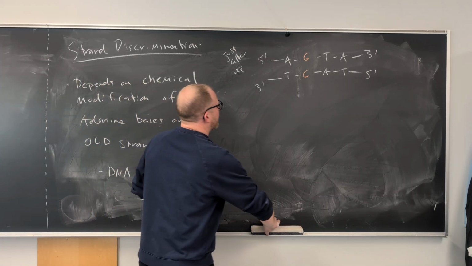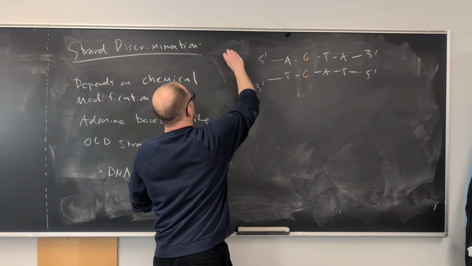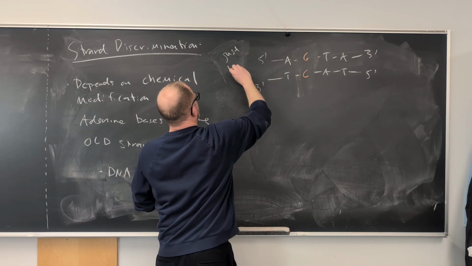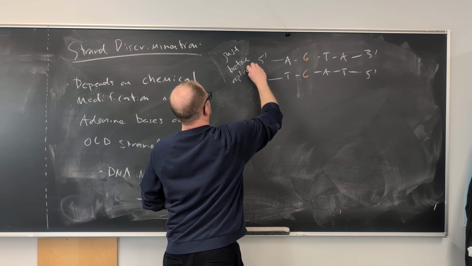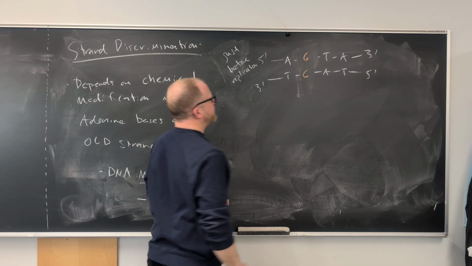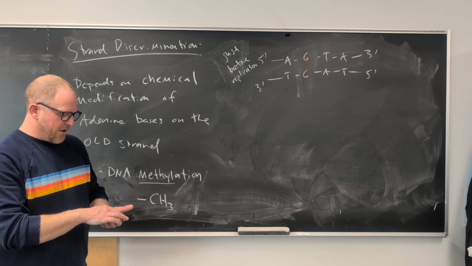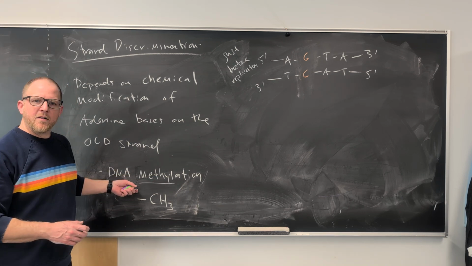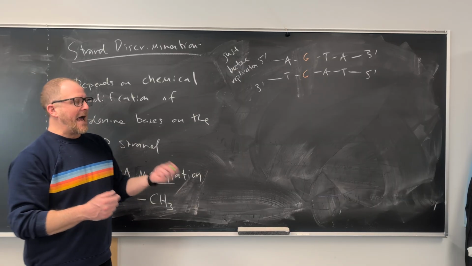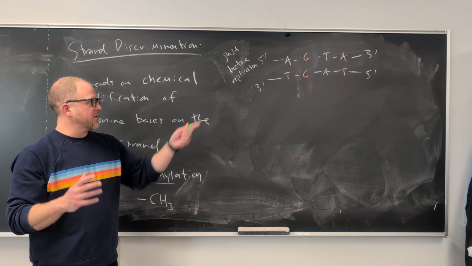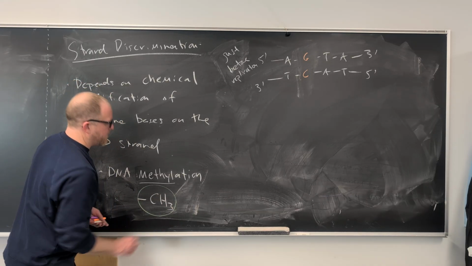And this is just before replication. This hasn't been replicated yet. And so this is when this DNA methylation occurs. Just before replication occurs in bacteria, the adenines of the old DNA, so these are both going to be old strands of DNA, are modified with this methyl group.